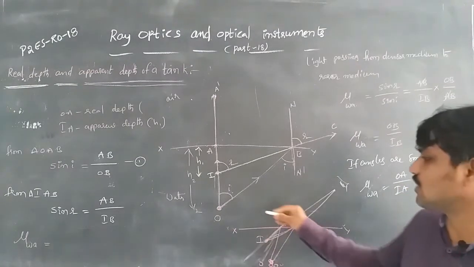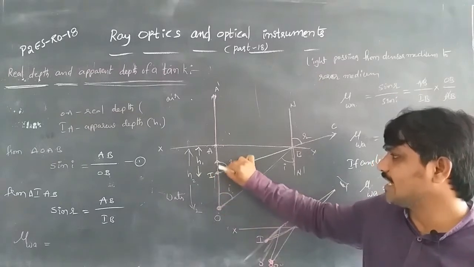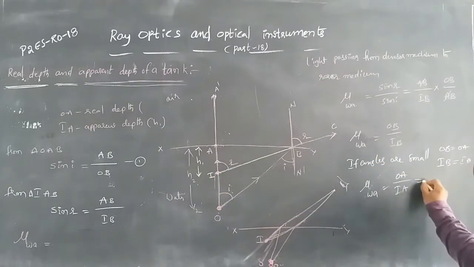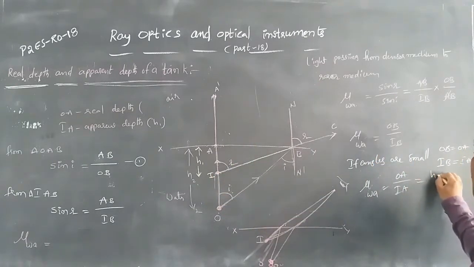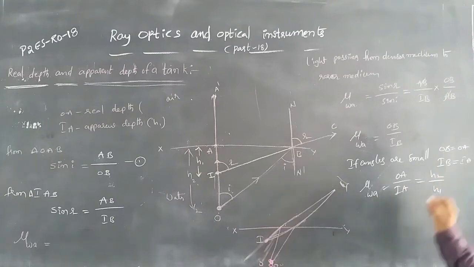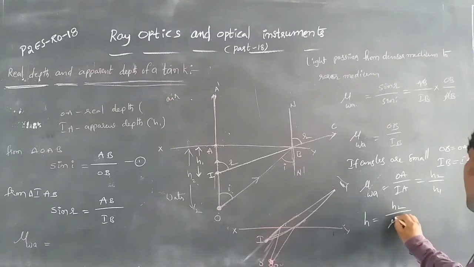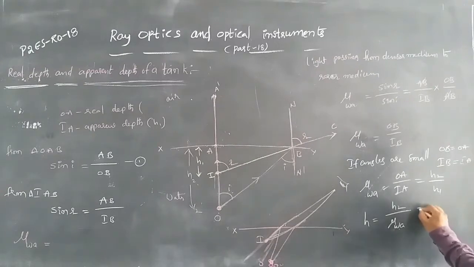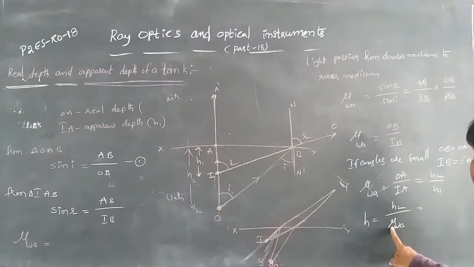But we know that OA is equal to H2 and IA is equal to H1. So the refractive index of air with respect to water, we know the value is 4 by 3.